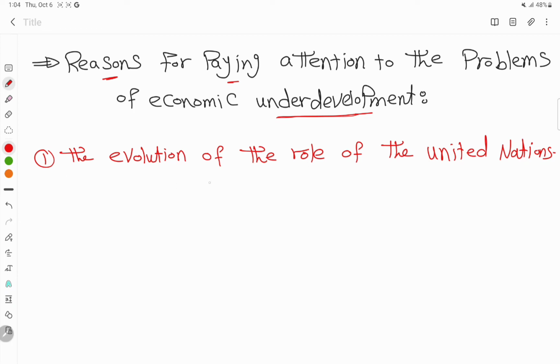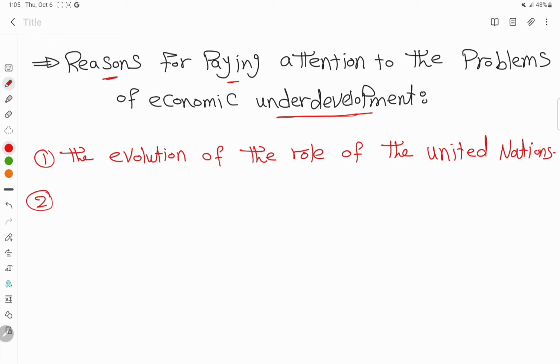After the Second World War, by agreements and organizations it makes, such as WTO, World Trade Organization, and IMF, International Monetary Fund, and agreements of GATS, so that the organizations are used for achieving development in developing countries.